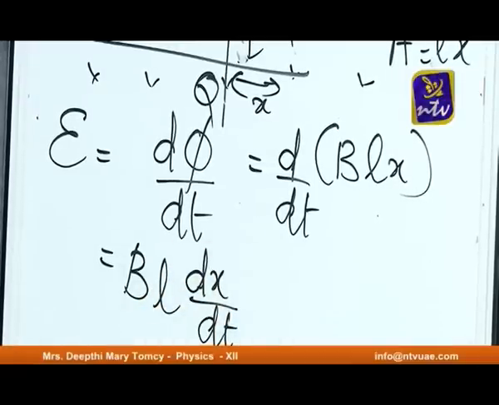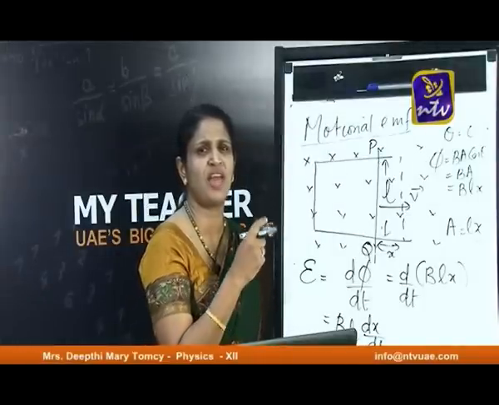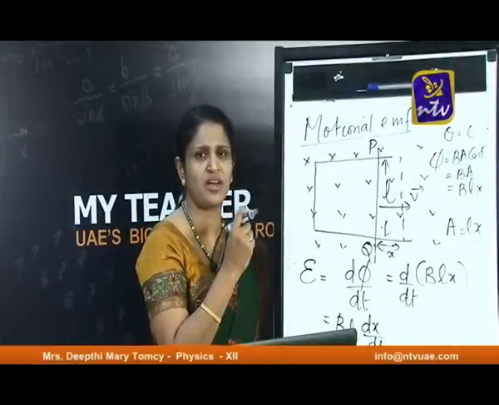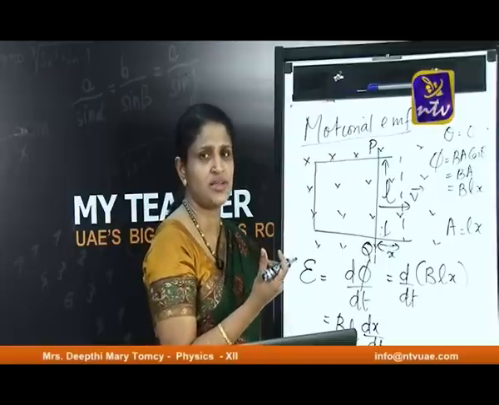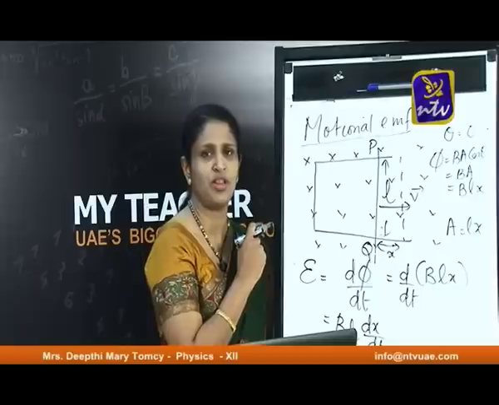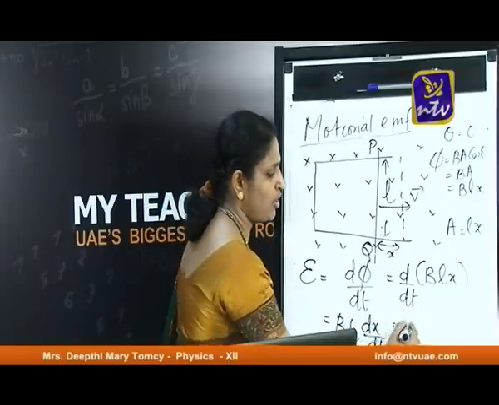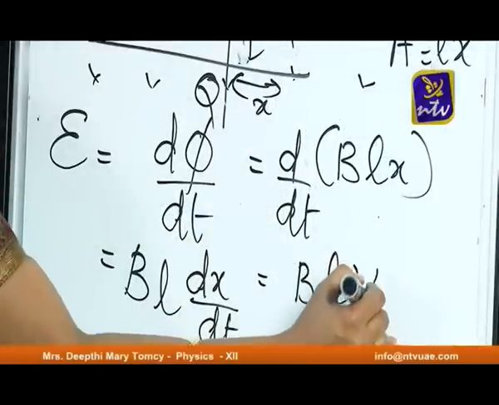When you move the slide towards the right side, you are changing the area by changing the factor x only, the position factor x. Because of that change in x with respect to time, an induced current is developed in the circuit, and we know that the rate at which we change the distance is defined as velocity.